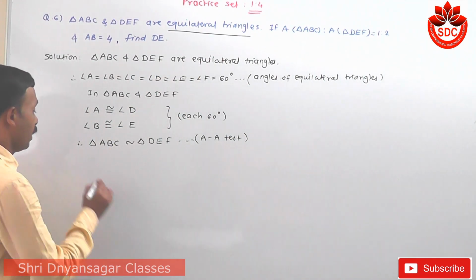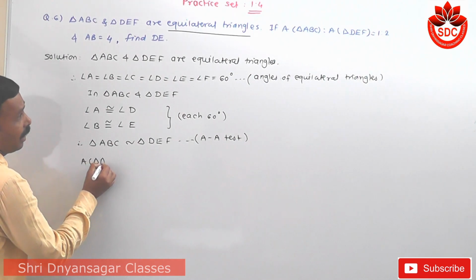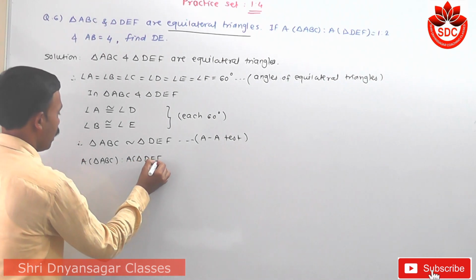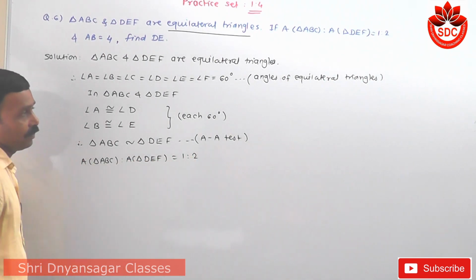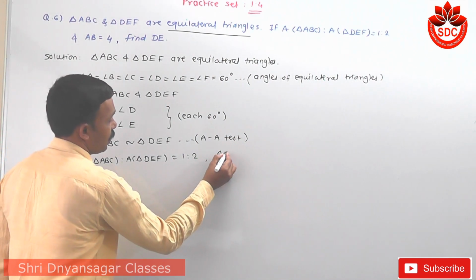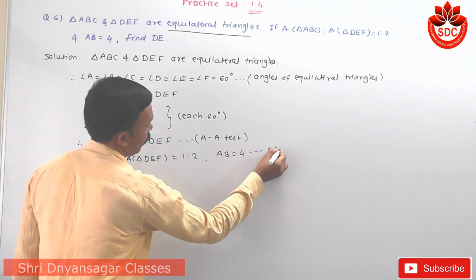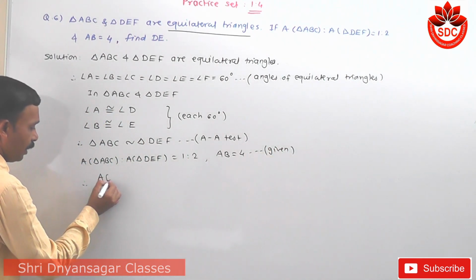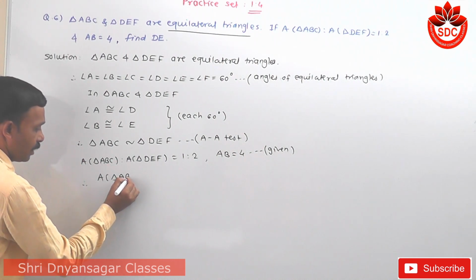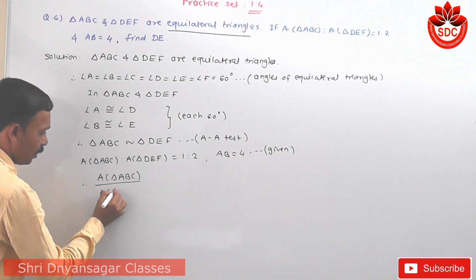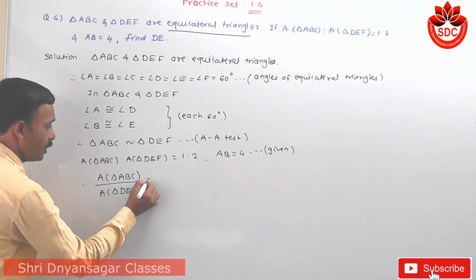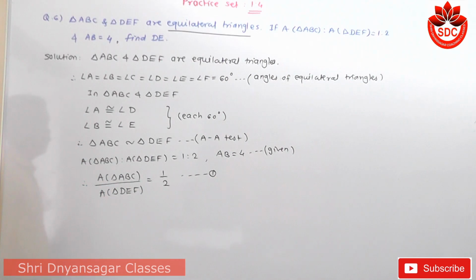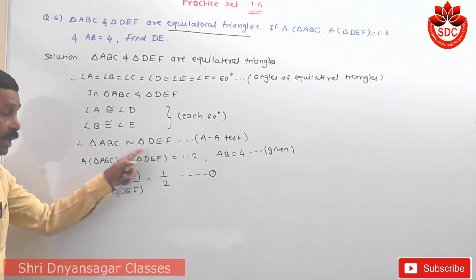Now, here it is given that area of triangle ABC to area of triangle DEF is 1:2, and AB is equal to 4, which is in your given. From this I take one ratio: area of triangle ABC upon area of triangle DEF is equal to 1/2. This is equation number first. Now when we observe, these two triangles are similar.